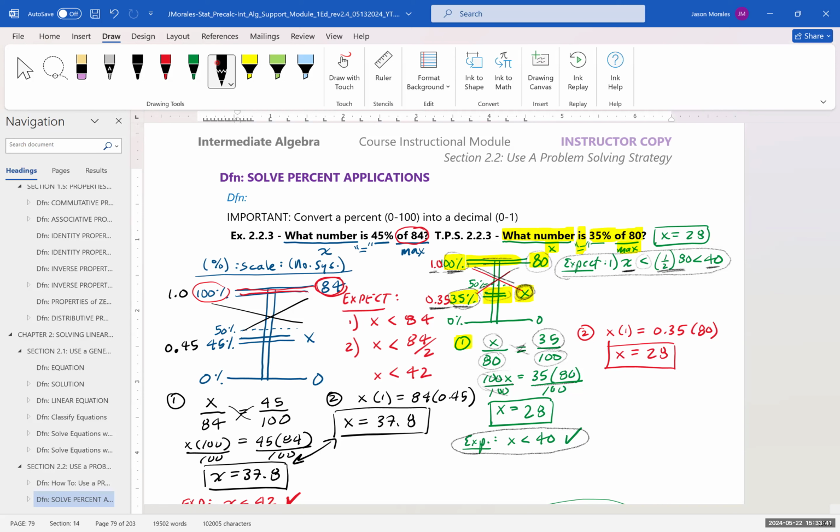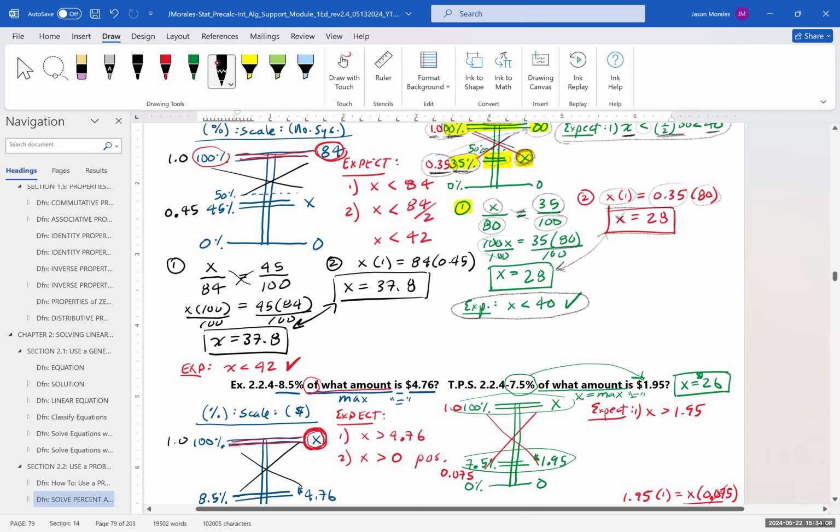We're going to have x times 1, and that's going to be equal to 0.35 times 80. And 1 times anything is just that thing, so 1 times x is just x. And 0.35 times 80 gives us 28, which is the same answer we found that way. All right, so that's that think, pair, share.